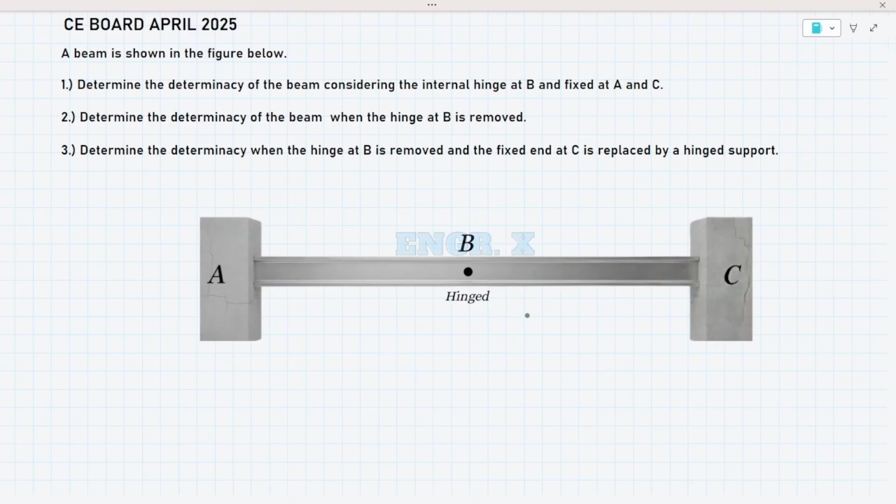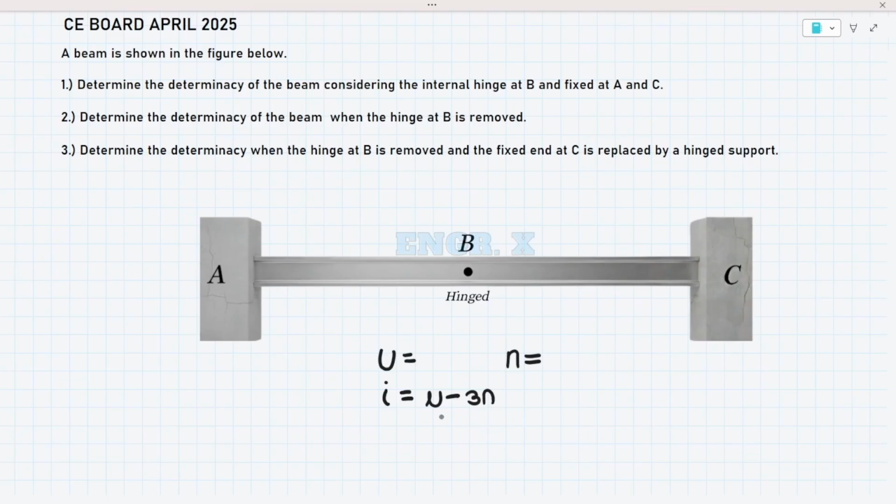C. So, bago tayo magsimula sa pag-solve, let's go back first to the concept of indeterminacy. So sa indeterminacy, we need to identify first the number of unknowns represented by U and the number of parts represented by N. After this, we can input that in the formula of indeterminacy, that is I equals U minus 3 times N. Okay?